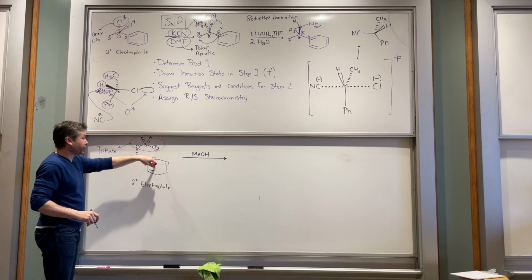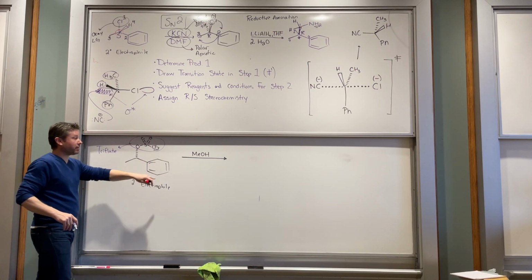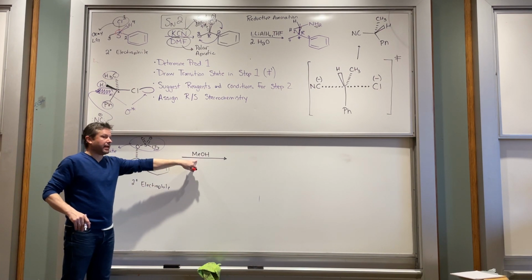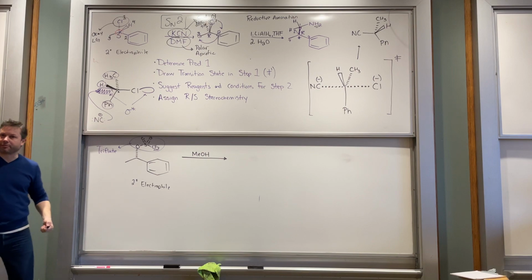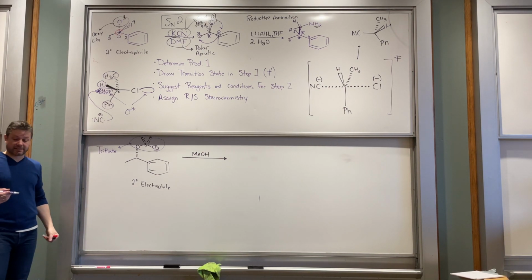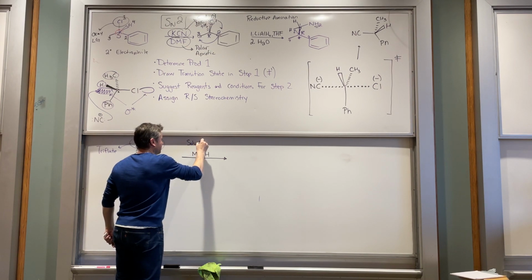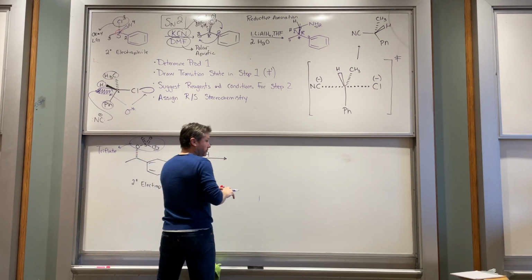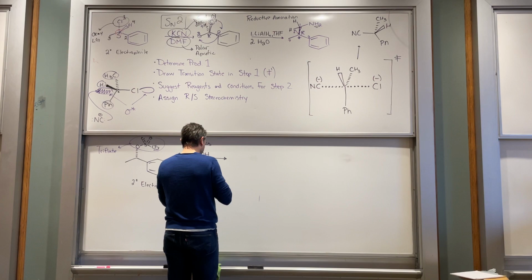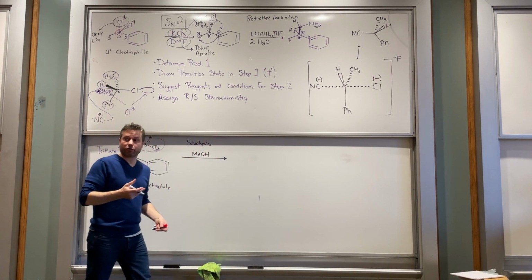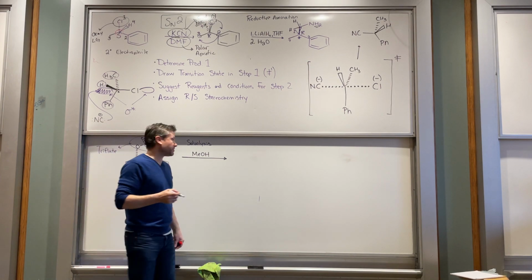Okay, so we have a really good leaving group, secondary electrophile, and then we're using an alcohol as a solvent, so a really crappy nucleophile, but one that is set up for solvolysis. So whenever this reaction occurs, it's likely going to occur through a unimolecular pathway, right? SN1 substitution.